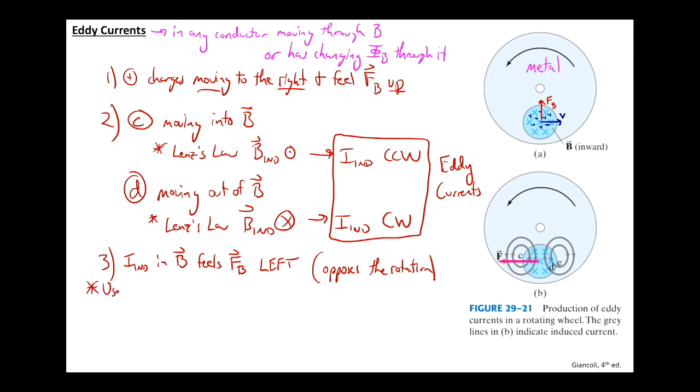I'm going to say uses, which maybe these are the pros. And then over here we'll say issues. So first of all, this could be used as a braking device.